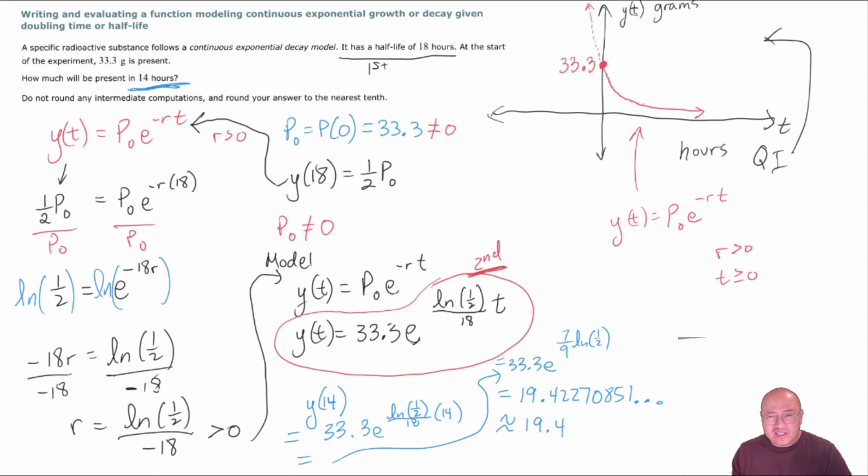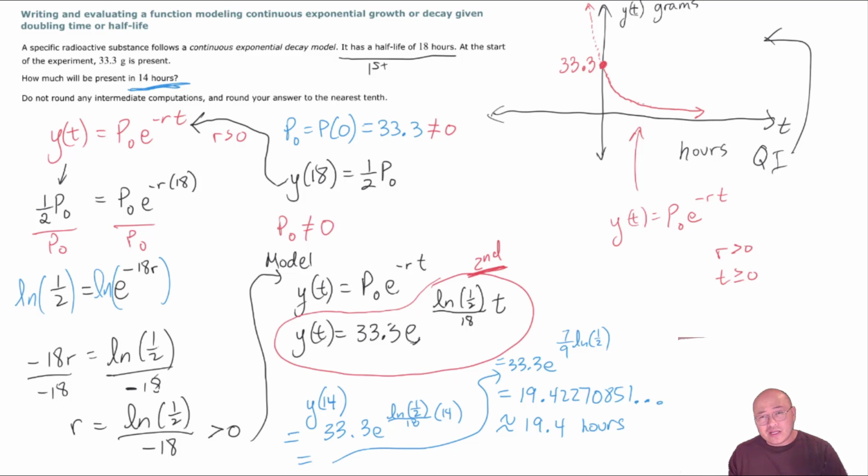19.4 what? Centuries? Seconds? Milliseconds? Make sure you always write your units on your paper. And if the problem is given to you in words and sentences, you probably should respond back in a sentence. What are we answering here? Oh, this is exactly why you go back and try to answer the problem in a complete sentence.